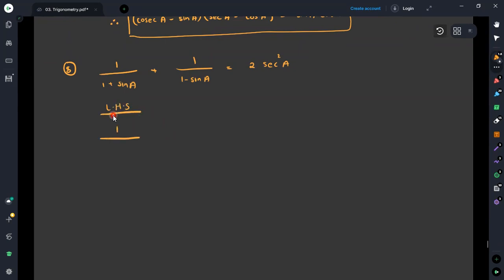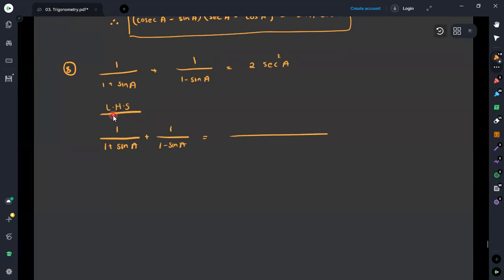I will have this as 1 over 1 plus sine A, then added with 1 over 1 minus sine A. Here we need to show it with the sec squared A. Therefore, anyhow, we need to make the quantity simpler in the right hand side. Since this is the only thing that we can do at this moment, I will take the common denominator and do this addition.